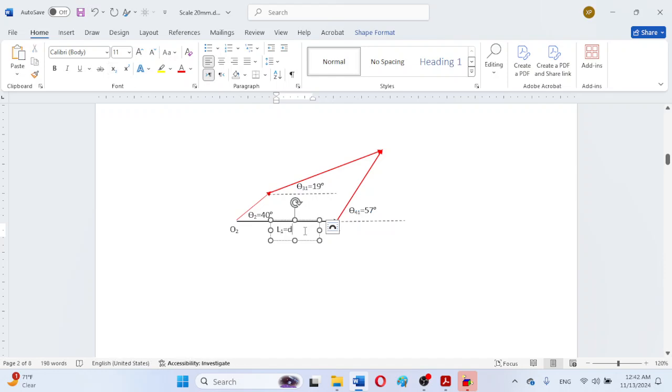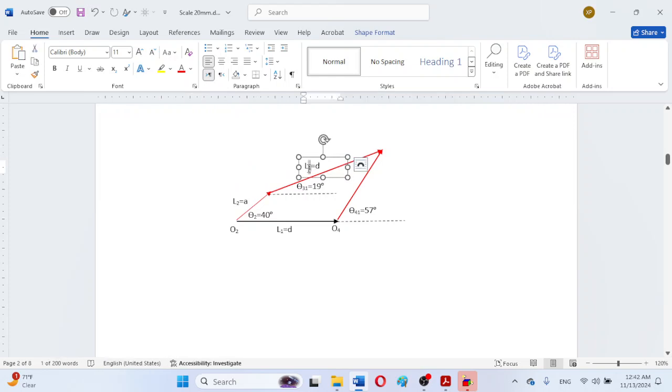Scalar length is denoted by D, and now we can just copy and paste it at various locations and change it. This is link 2, denoted by letter A. Again, for example, paste, and then we can move it here.